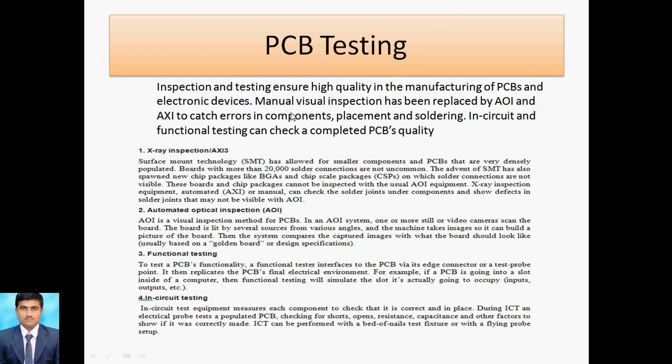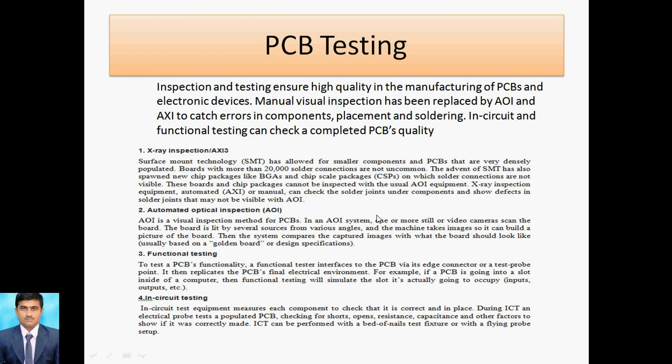Then circuit and functional testing can check completed PCB quality. In functional testing, to test PCB functionality, a functional tester interfaces to the PCB via its edge connector and test probe points. So this is regarding PCB testing.